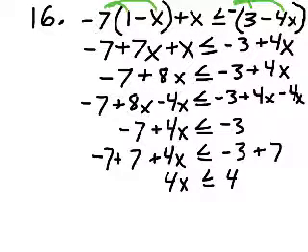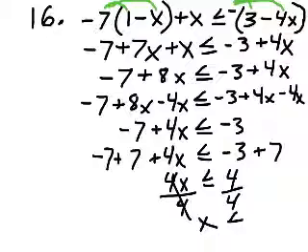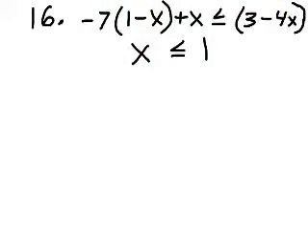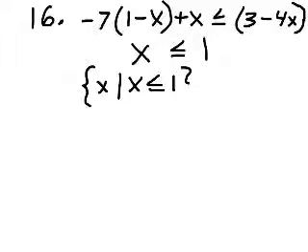Getting there. And then divide by 4, divide by 4. X is less or equal to 1. So our answer is x is less or equal to 1. So our solution set is x such that x is less or equal to 1.